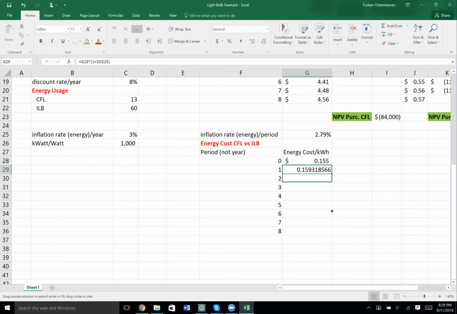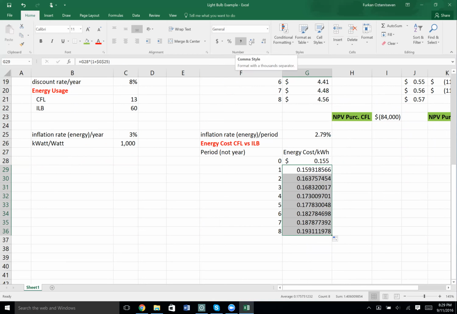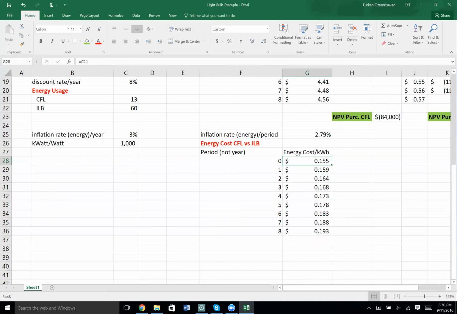I can now copy my formula to find the future prices. As you can see, the price is going to increase from 15.5 cents per kilowatt hour to 19.3 cents.